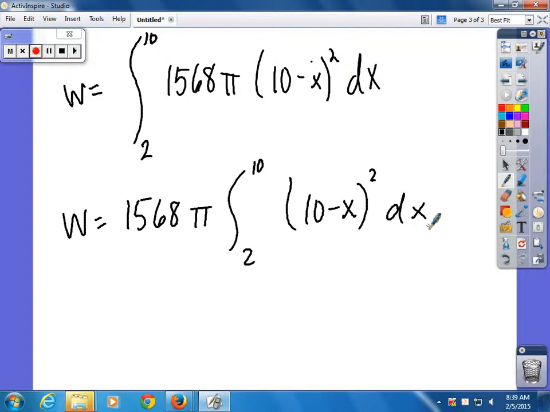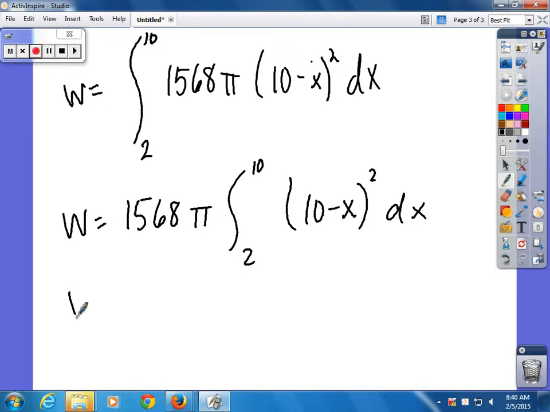So, what do you do right here? What did we do when we did integration? We reviewed over integration, and you've got a shortcut right here. You do shortcut number 2, which would be 100 minus 20x plus x squared, right? Yes, no, yes. Thank you.